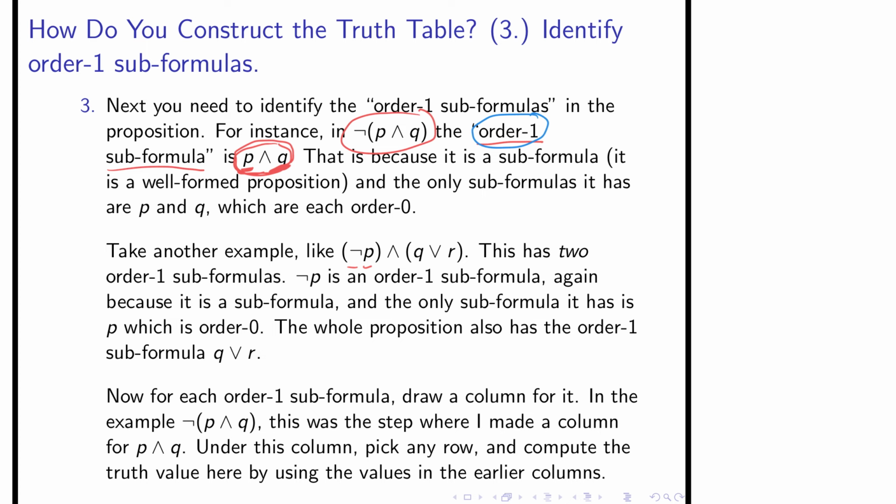P all by itself is order zero. Negation P is one step extra complicated, so that's order one. Q or R, well, Q has order zero, R has order zero. Therefore, the disjunction has order one.